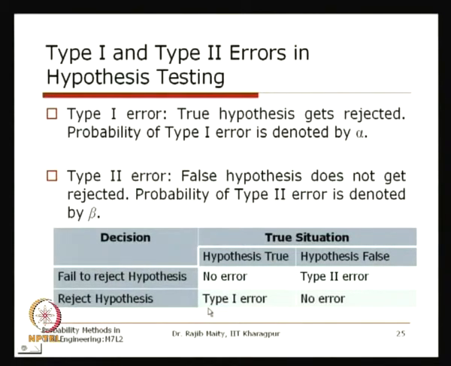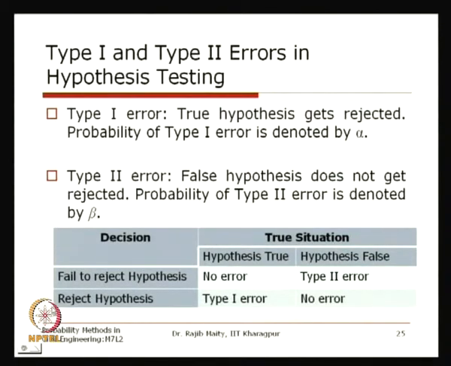If I look through this table, the true situation is that the hypothesis can be true or the hypothesis can be false, and the decision taken after the hypothesis testing is either that we fail to reject the hypothesis or that we reject it. If we fail to reject the hypothesis when the hypothesis is true, then obviously there is no error. Now, if we fail to reject the hypothesis and the hypothesis is false, then that is the type 2 error, as explained here.